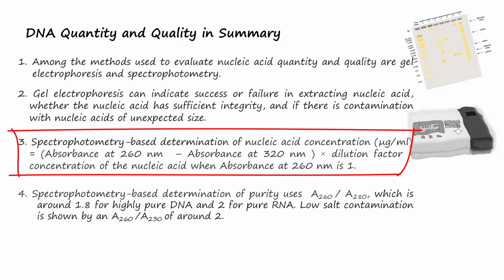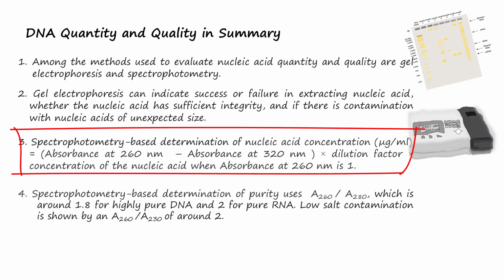Spectrophotometry can determine nucleic acid concentration using the equation: nucleic acid concentration in microgram per ml is equal to absorbance at 260 nanometers minus absorbance at 320 nanometers, multiplied by the dilution factor, multiplied by the concentration of the nucleic acid when absorbance at 260 nanometers is 1.